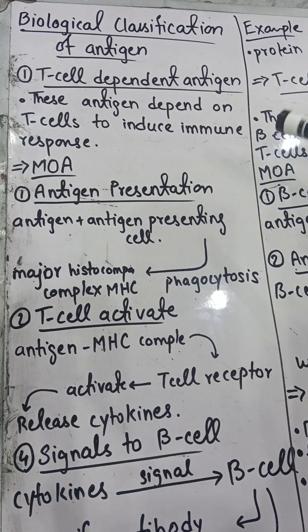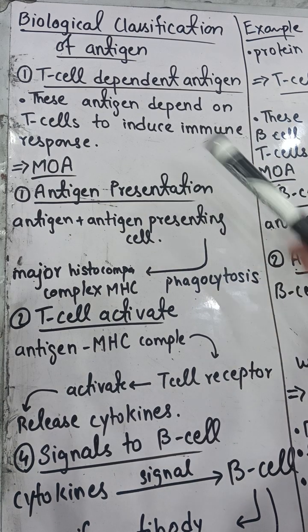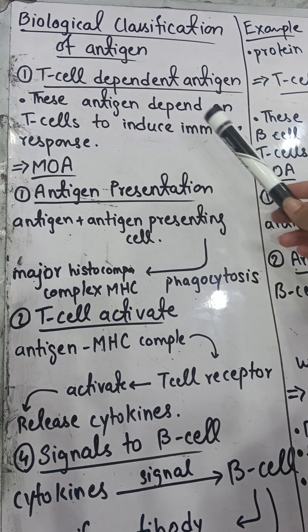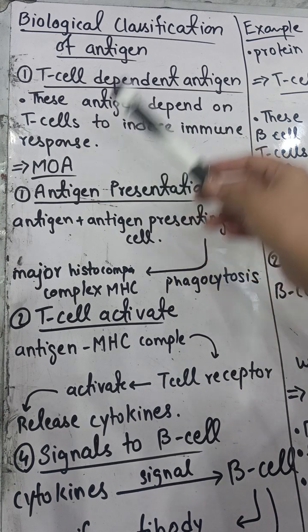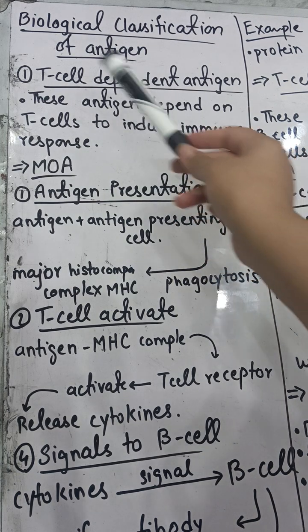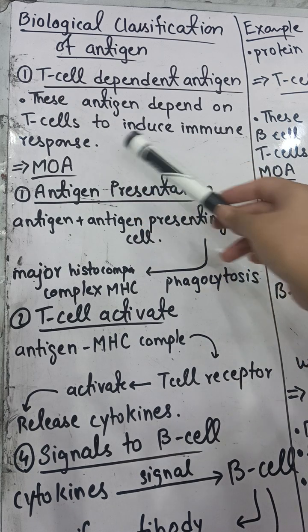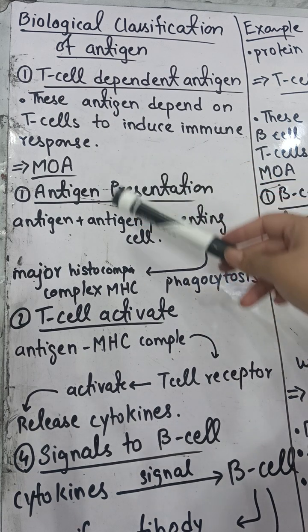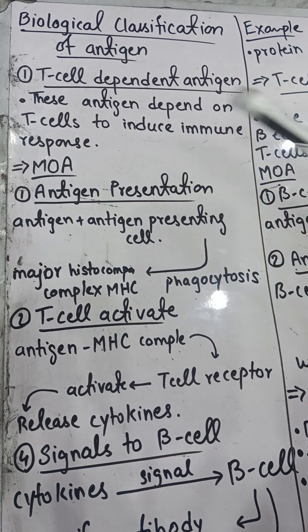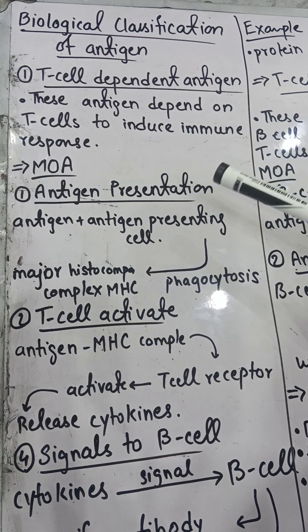So these are the two types. First we will discuss T cell dependent antigens. What are they? These are the antigens which depend upon the T cell. Dependent means depending on what? On the T cells to induce the immune response. No doubt antigens are responsible for inducing your immune response.